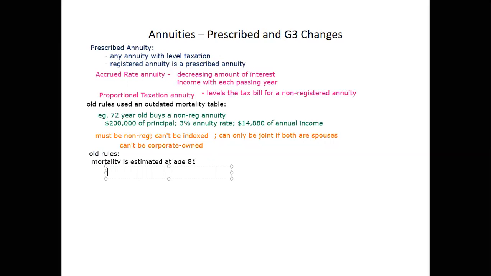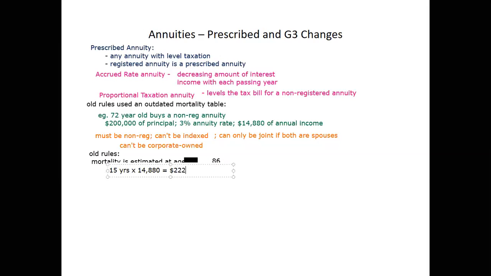All right, so we'll say mortality is estimated not at age 81, but at age 86. And that actually is probably a little bit better. So you're getting 15 years at $14,880.